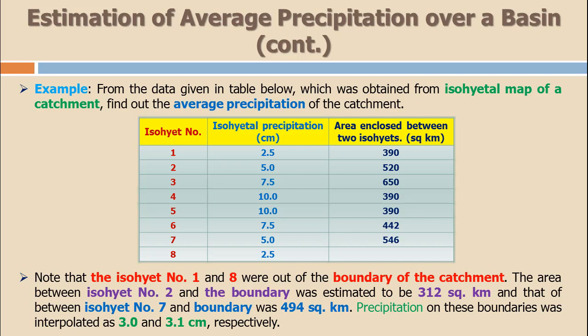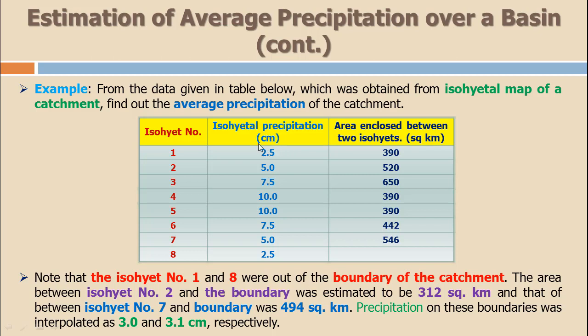You can see from the data given in the table below, which was obtained from an isohyetal map of a catchment, find out the average precipitation of the catchment. The isohyet number means just the name of the isohyet. This is isohyet 1, 2, 3, 4 up to 8, and this is the isohyetal precipitation, the value of the isohyet.